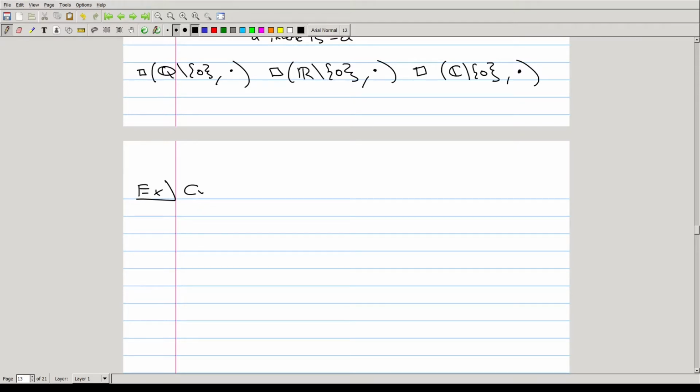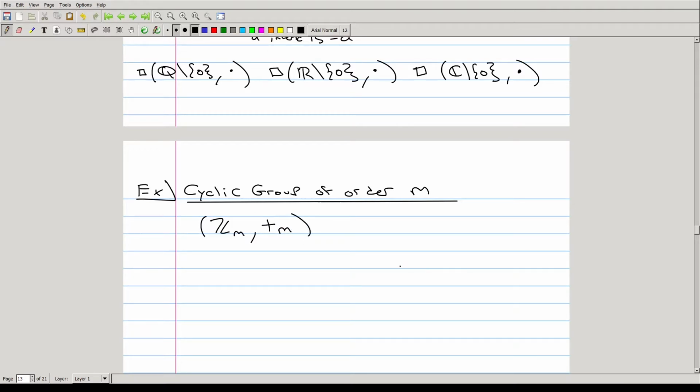The cyclic group of order m is at this point really familiar to us. This is the set Zm with integer addition modulo m. This is an abelian group.